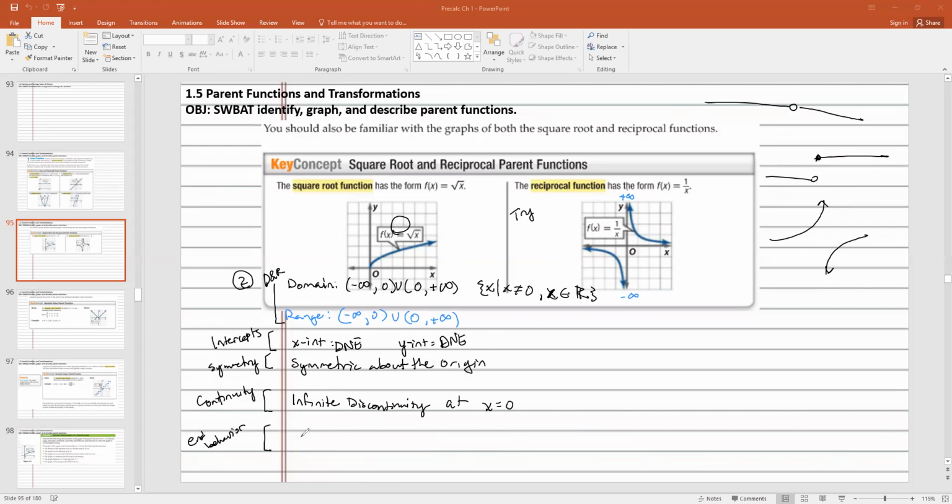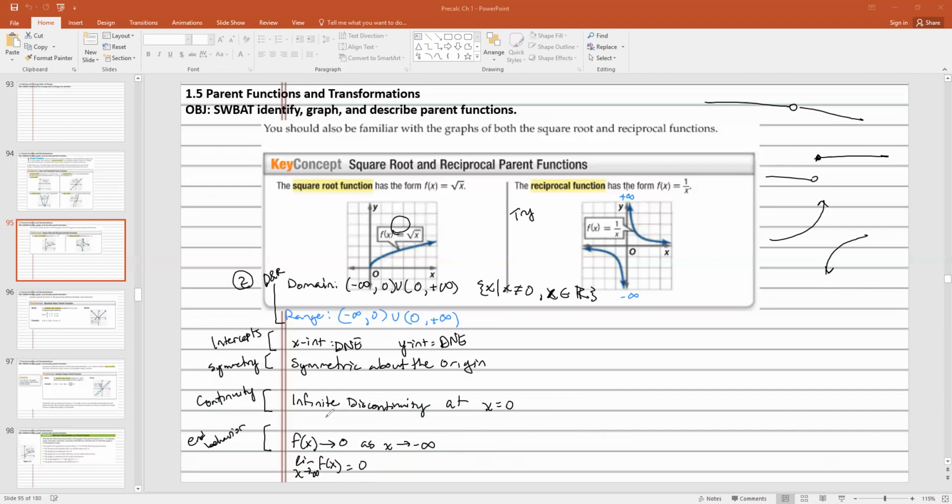So we can write that as f of x approaches, and here, notice that it's approaching 0 on the left side as you go left. So f of x approaches 0 as x approaches negative infinity, as x goes to the left. Or you can write it as the limit of f of x as x approaches negative infinity is 0.